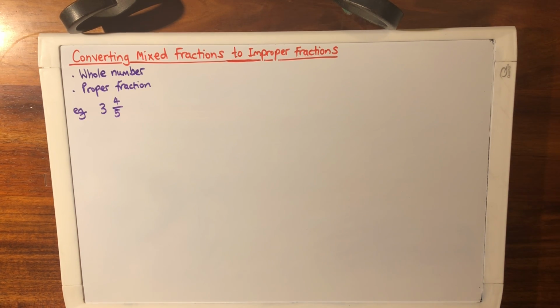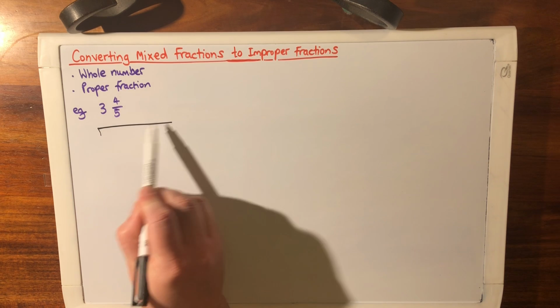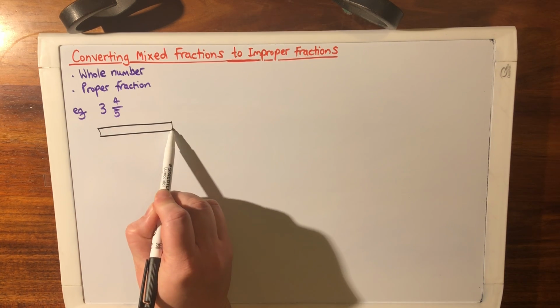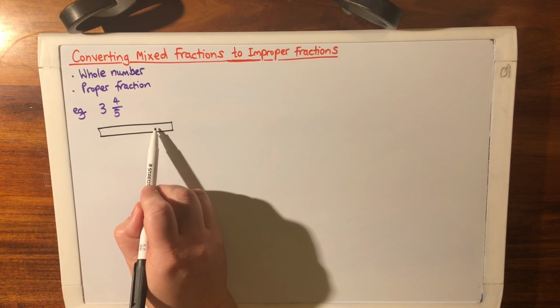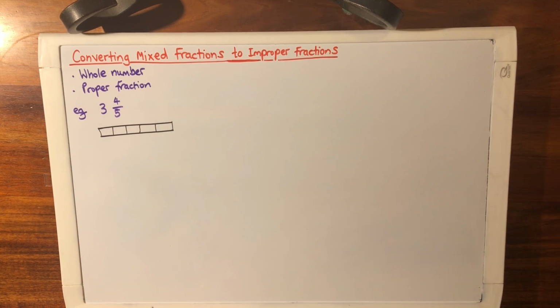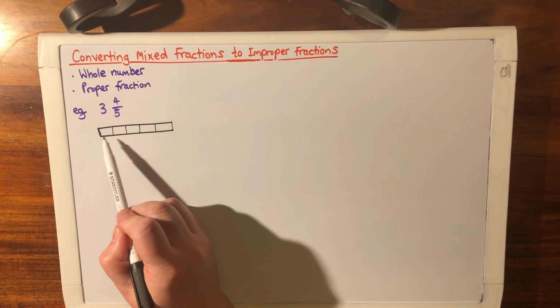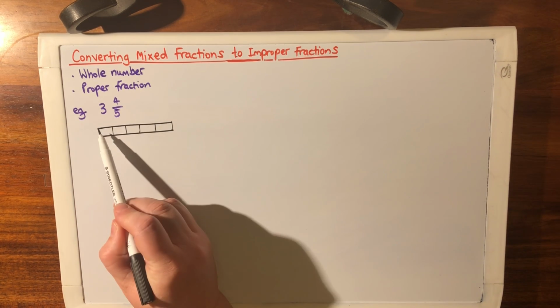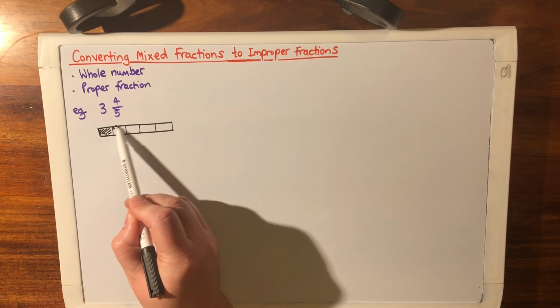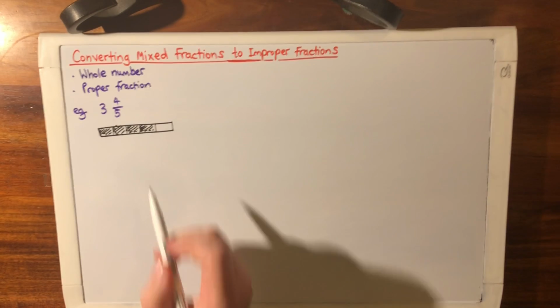So if we were to draw this out, starting with our 4/5, we would draw our whole and divide it into 5. So these are going to be 5 equal parts of the whole, and really we're just looking at 4 of them. So it's 1, 2, 3, 4, and we can label these.